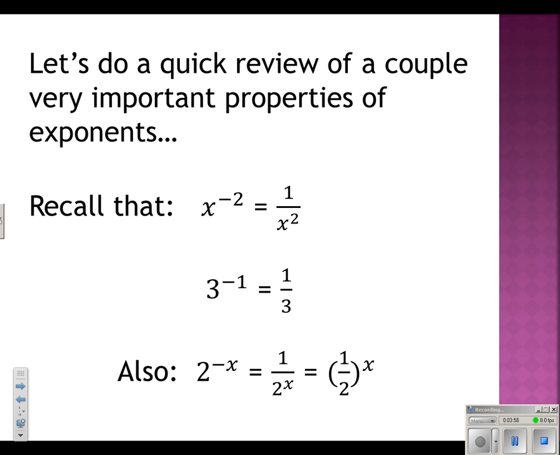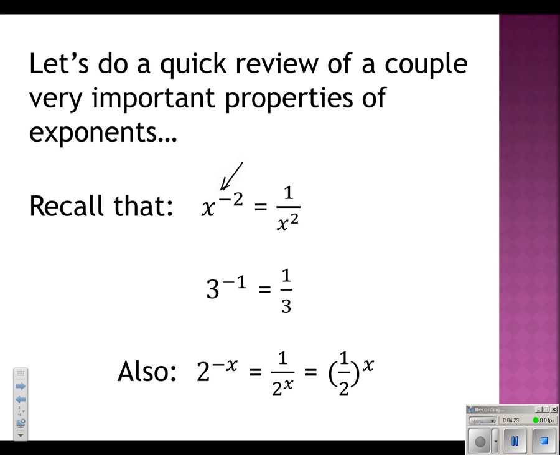All right, now there's a couple of things that I wanted to review with properties of exponents. One, you maybe have recognized or reviewed in those examples 2 and 3 on the previous pages, whether you intended to or not. If we have x to the negative 2 power, remember that to get rid of a negative power, it takes a reciprocal effect. So if we have x to the negative 2, that can be rewritten as 1 over x to the second power.